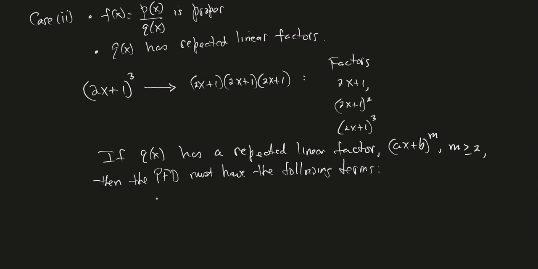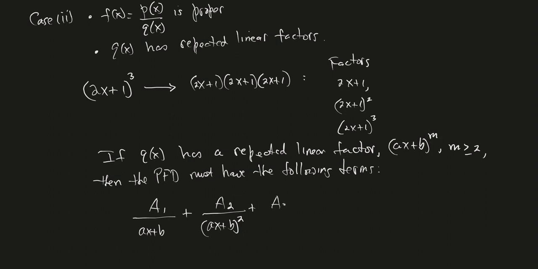You would have a constant over the factor raised to the power 1. So you'd have the ax plus b to the first power. And then you'd have another separate term where you take the factor to the second power, so ax plus b to the second power. And again, that would possibly have a different constant on top. And you keep going until you get to that power of m, right?